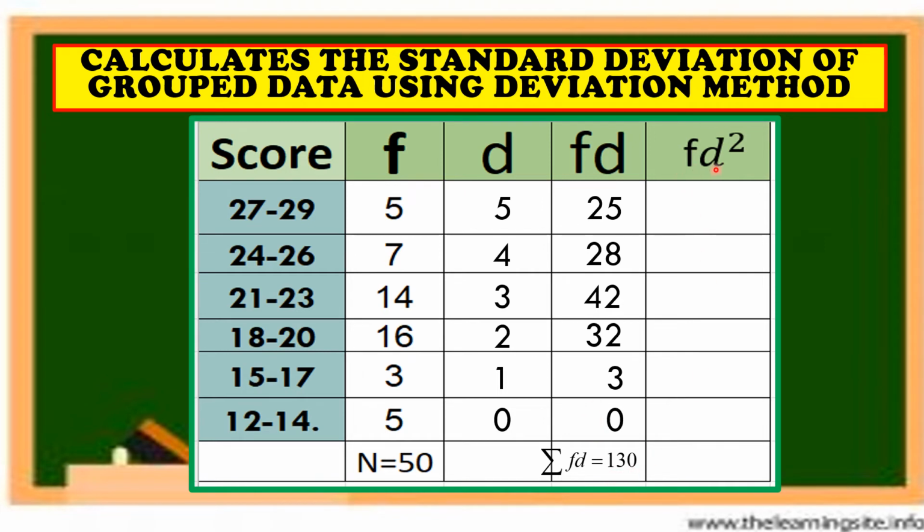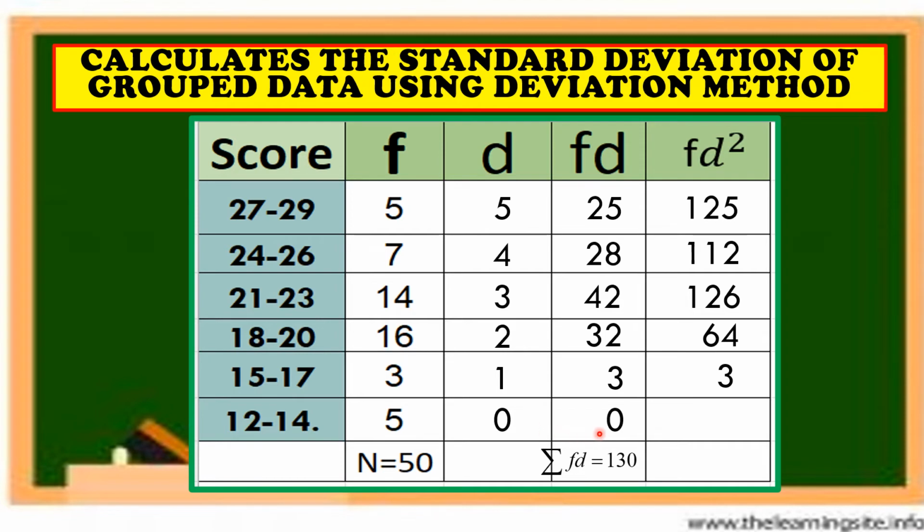So, we have FD squared. How do we find FD squared? D times FD is FD squared. 5 times 25 is 125. 4 times 28 is 112. 3 times 42 is 126. 2 times 32 is 64. 1 times 3 is 3.